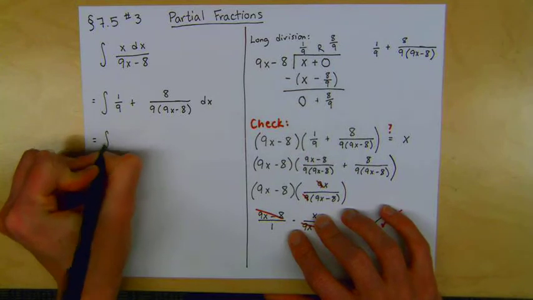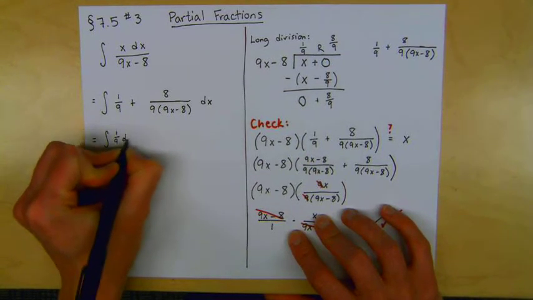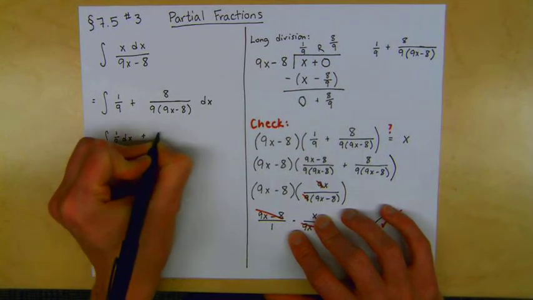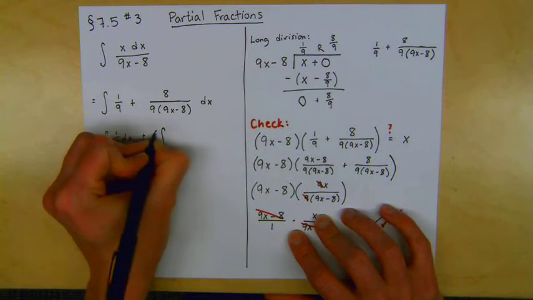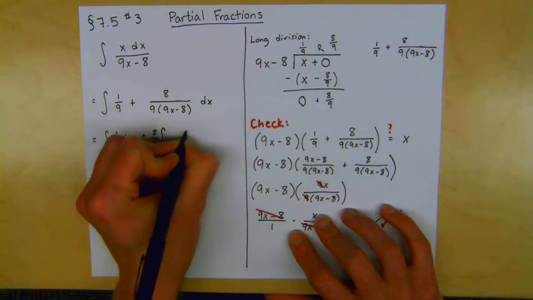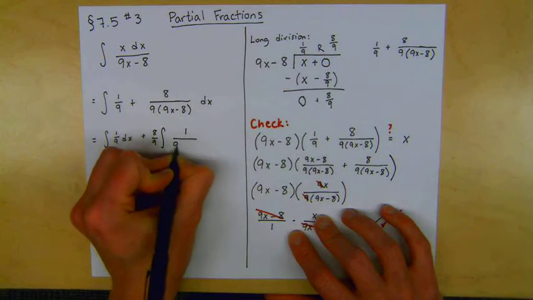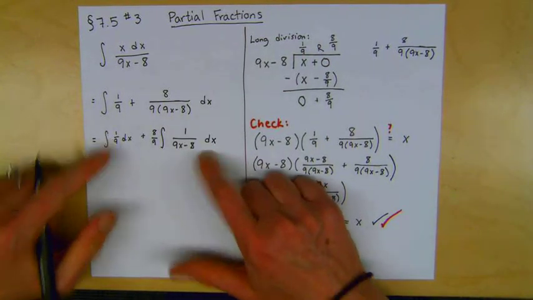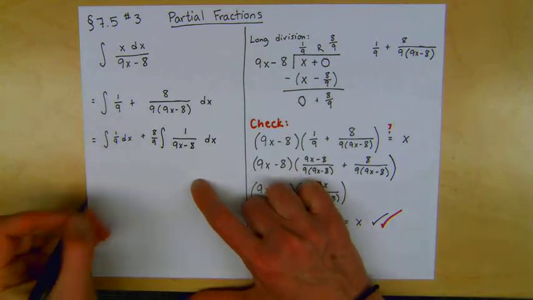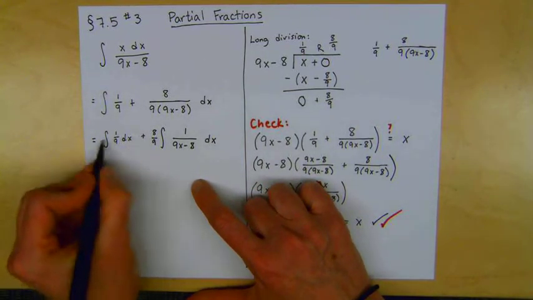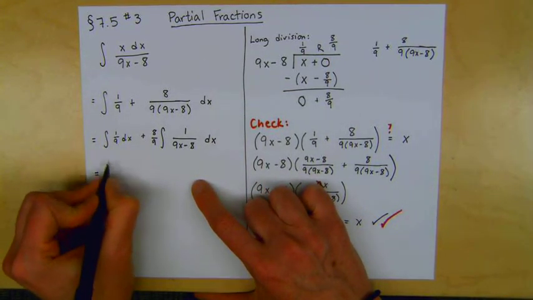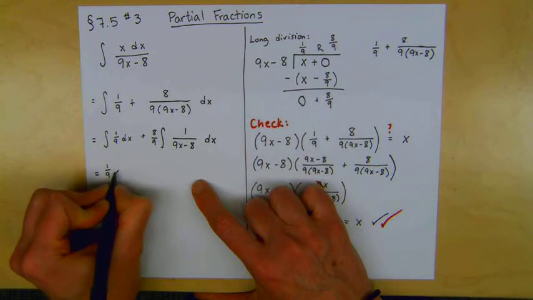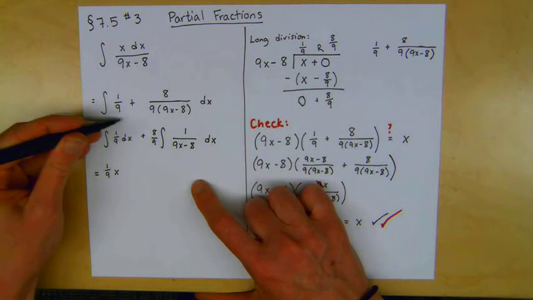So this is the integral of 1/9 dx plus the integral, I'm going to pull 8/9 out front, of 1 over 9x minus 8 dx. And individually, each of these integrals are pretty easy to compute. This first integral I can use power rule. This is 1/9 x, right, because I'm adding a power of x.